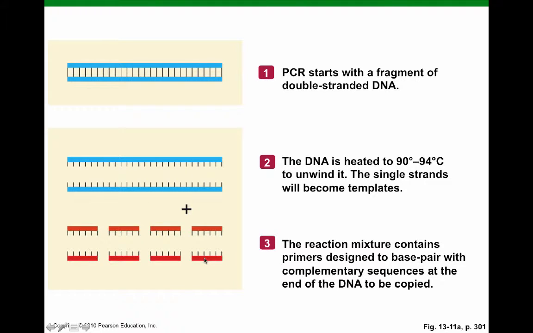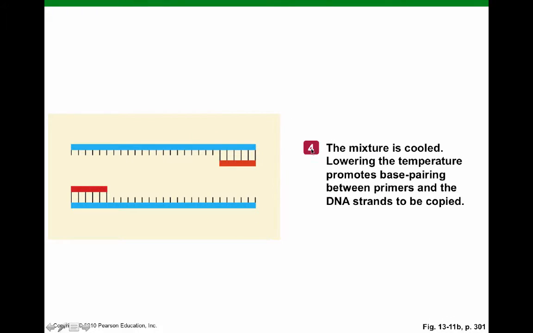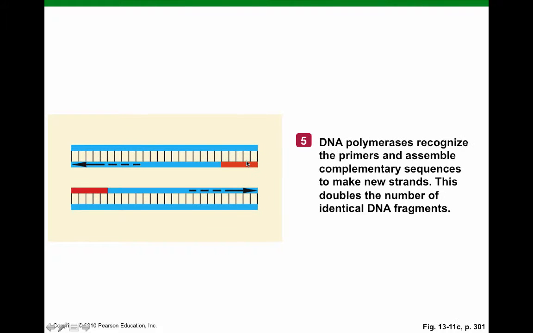These are short stretches of DNA that will complementary base pair with the sequences. Once the mixture is cooled, lowering the temperature promotes base pairing between the primers and the DNA strands, and the DNA starts to be copied.